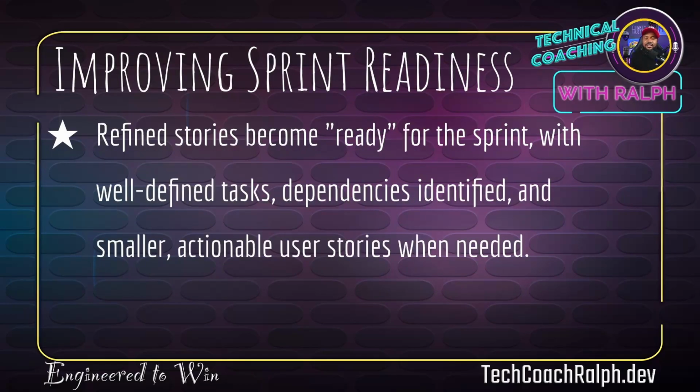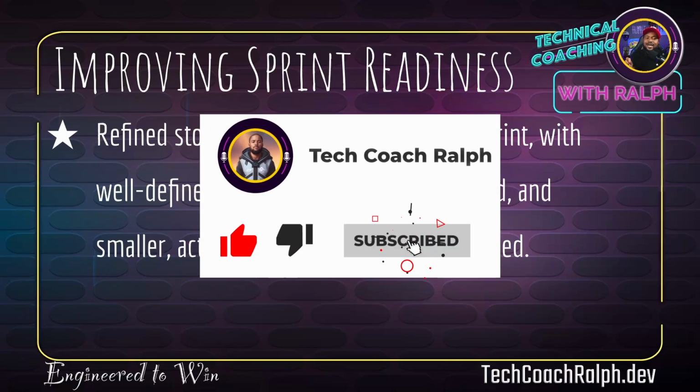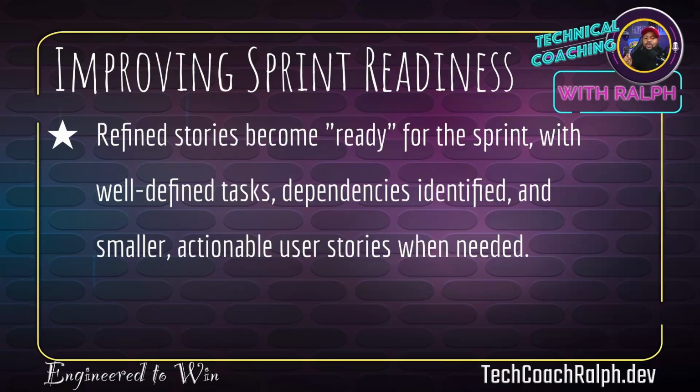Improving sprint readiness. Refined stories become ready for the sprint with well-defined tasks, dependencies identified, and smaller actionable user stories when needed. So we're going to get into breaking down stories later on, but improving sprint readiness. Having clear stories, clarified stories, having estimated stories, that helps us become ready for our sprint. And now we know exactly what needs to be done.